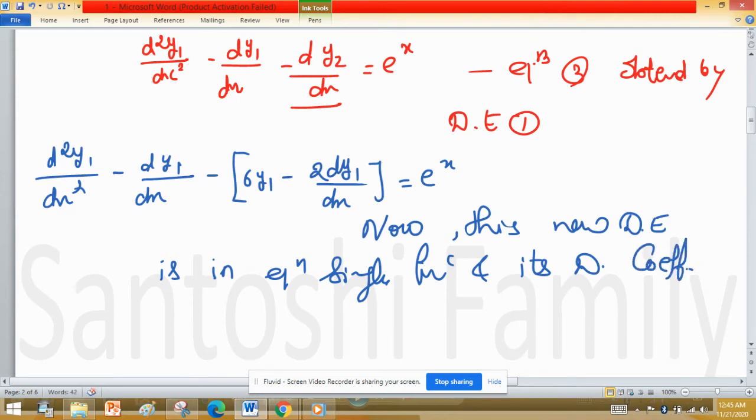Now you can apply many methods to solve the differential equation.